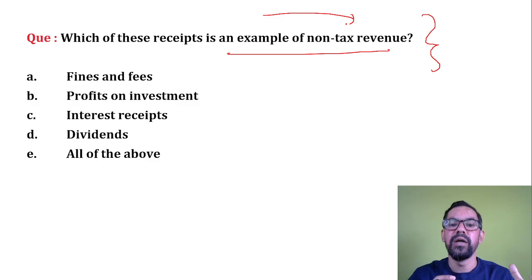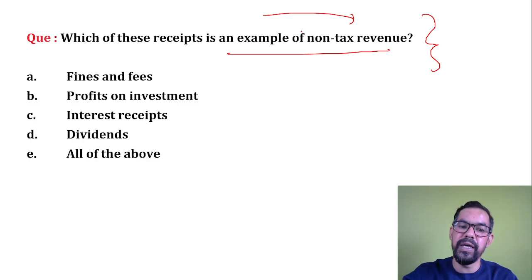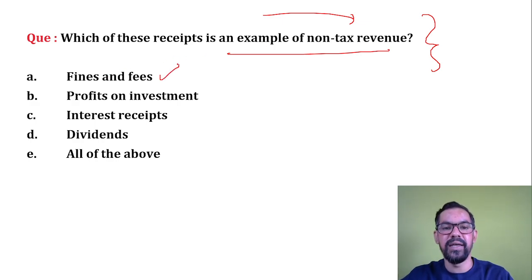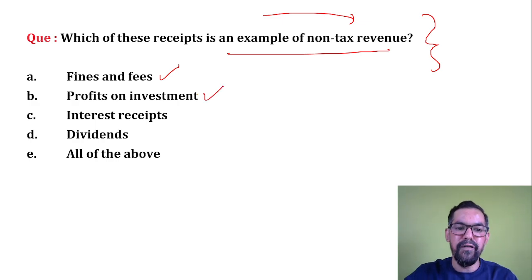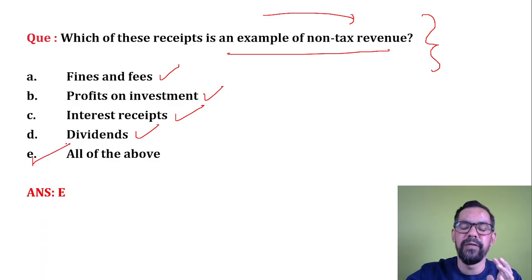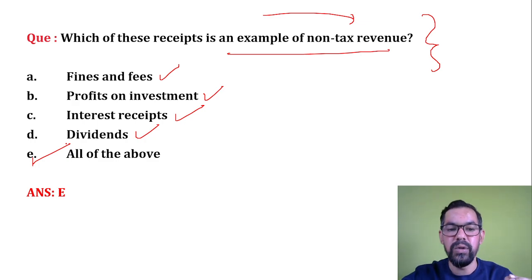So fee and fine are part of non-tax revenue, like challan and all these things. Profit on investment, again interest receipt, dividend. So what will be your correct answer? All of the above. So these are all generally part of your non-tax revenue components.